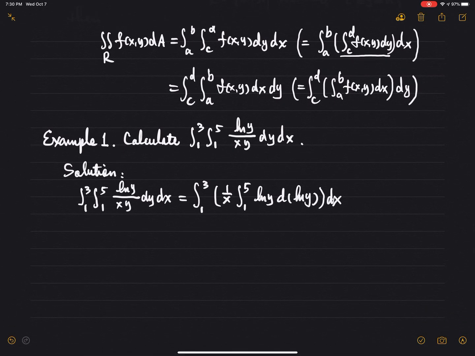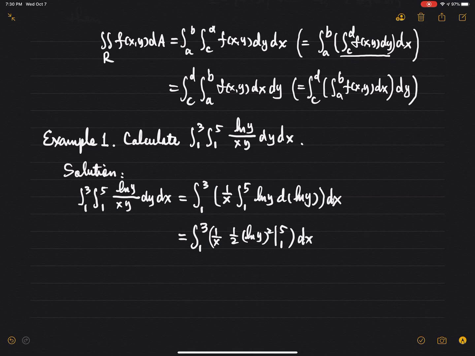Now this is equal to the integral from 1 to 3, and of course you treat log y as a variable u, so u du. The antiderivative is half u squared, (log y) squared, and then plug in 5 and 1, dx.